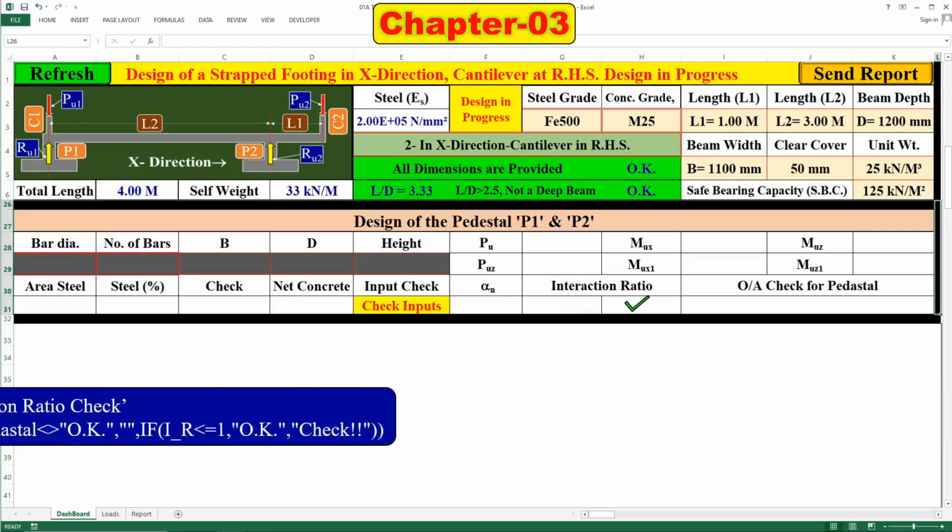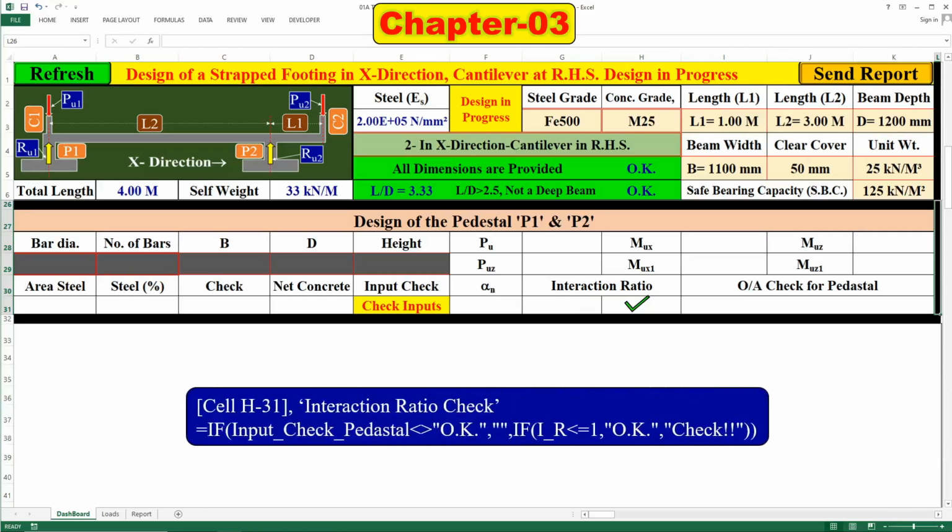Now, on the screen, it is the formula for the check of the interaction ratio. In cell H31, Excel's formula for this check is very simple. Once again, after verifying input_check_pedestal, if Excel finds I_R less than or equal to 1, then it will declare the interaction ratio as OK.